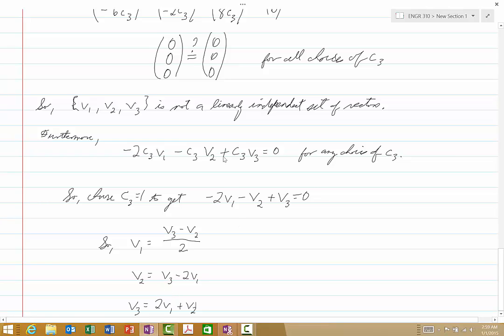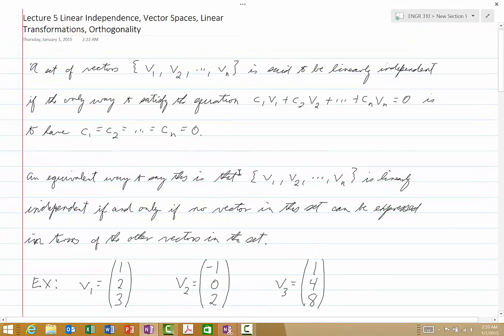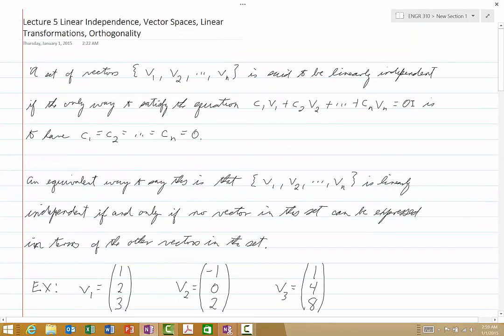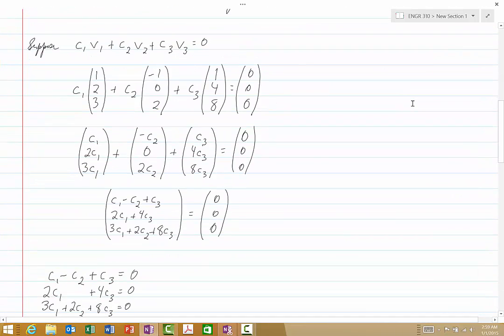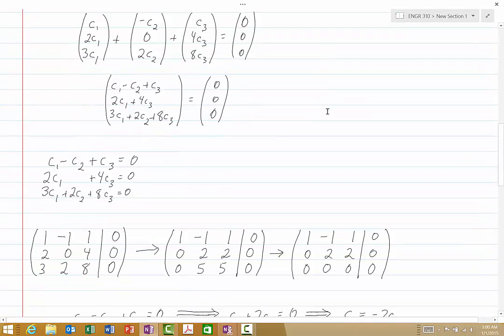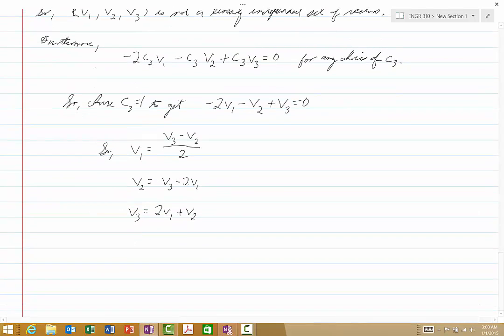So I believe that using this equation to test for linear independence is a surefire way to go about checking. But this idea of whether or not there is a vector in the set that can be expressed in terms of the others, that definition, I think, might lend a little more insight into the idea of linear independence.